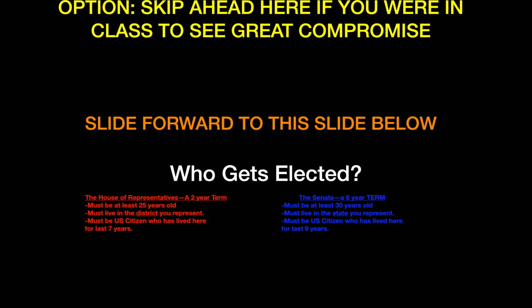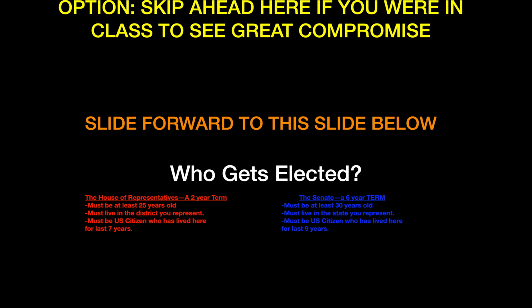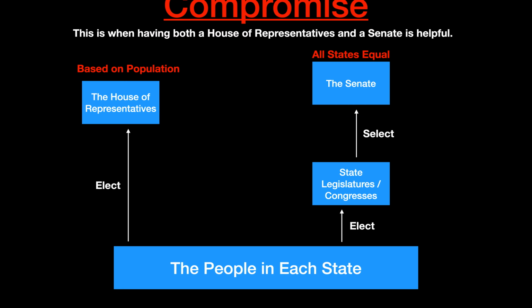So if you were already in class and you saw the system we used to use that involves the House of Representatives, you can take the slider at the bottom of this video, slowly scroll ahead until you see that slide right down at the bottom. It looks like this. When you get to that who gets elected slide, you can then start the video up again. If you haven't seen the original way that we've elected the president, it won't be very long, but stick with me for that part if you don't know it already.